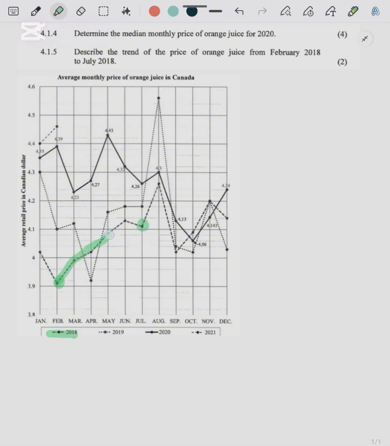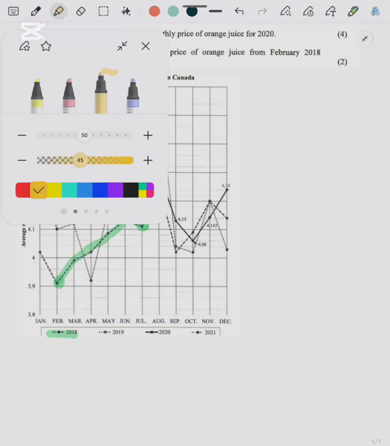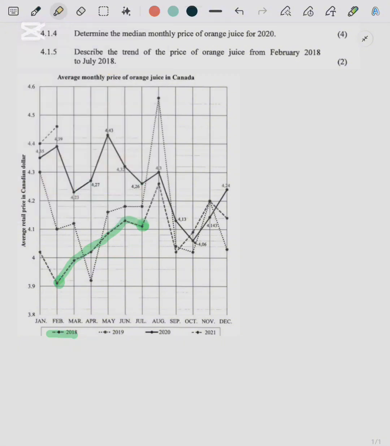And if I view the trend and follow the line, that is basically what it is doing. So 2 things we can see are happening here. Firstly, we can see from February all the way up to June, there is an increase. So that's the first thing we need to be saying. From February to June, there is a steady increase.